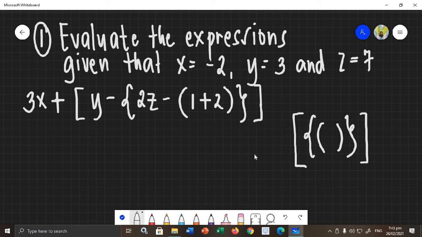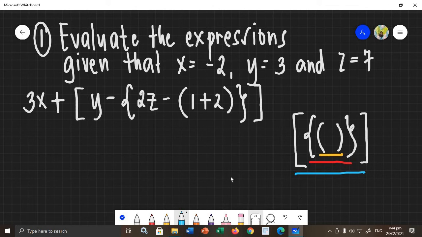So kapag in-apply natin yung Gemdas po, when it comes sa groupings, ang una nating isosolve is yung nasa loob ng parentheses. And then, susundan nung nasa loob ng braces. And then, susundan ng nasa loob ng brackets. So, ganun po yung sa groupings, no?